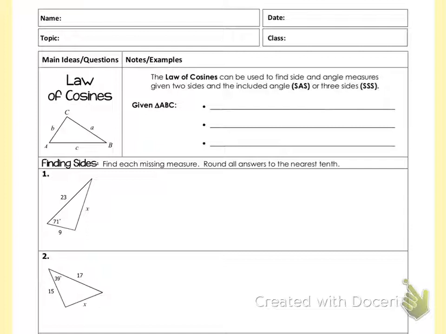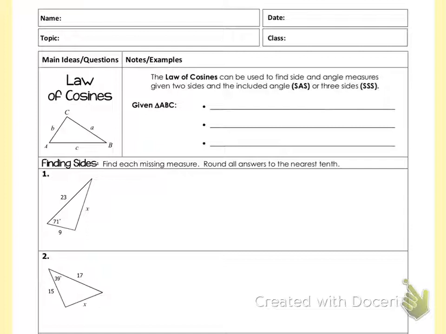But we used them in instances where we didn't have a right triangle and we had certain conditions that we could meet in the triangle. And we wanted to find, say, angles or sides. The condition we needed was to, at a minimum, have an angle-side pair where we knew both of them. Then the law of sines allowed us to write a proportion that we could use to find either a missing side or an angle.